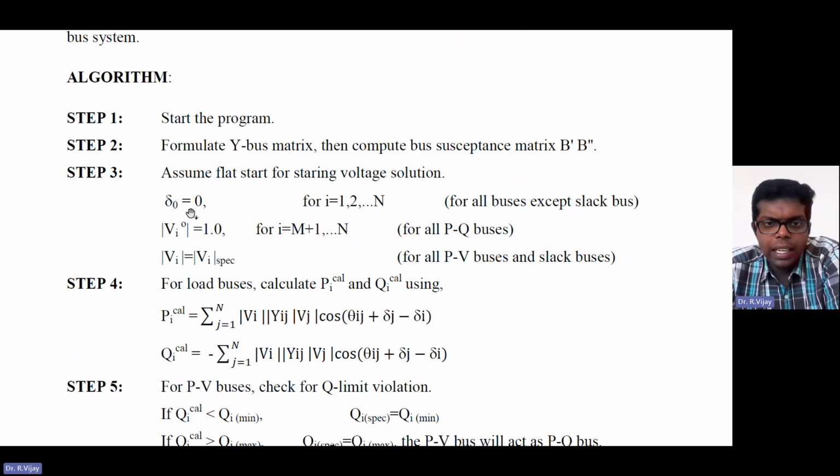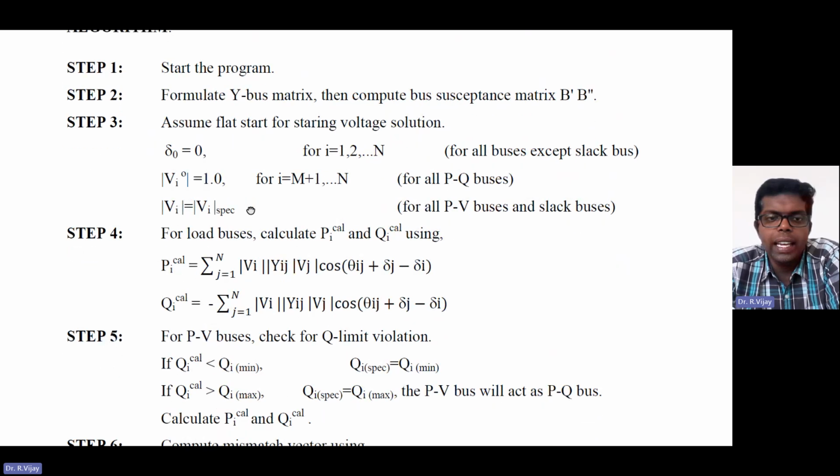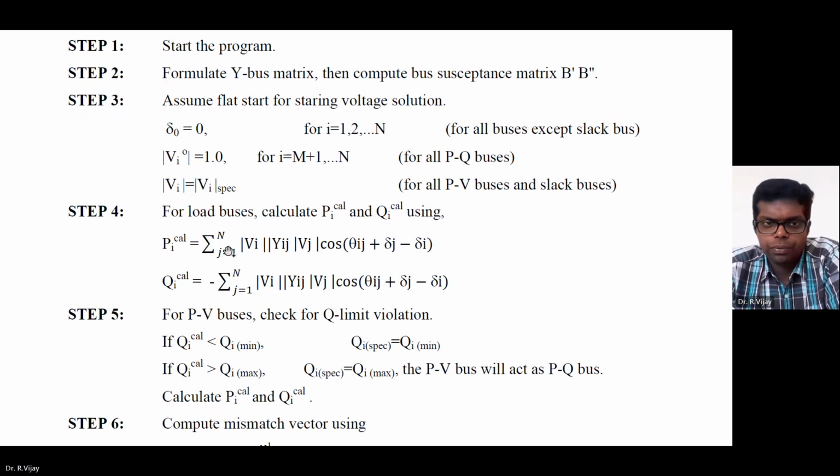That is, delta we are taking as 0 for i equal to 1 to n, for all buses except the slack bus. Then V_i is equal to V_i specified value for all the PV buses and the slack bus.